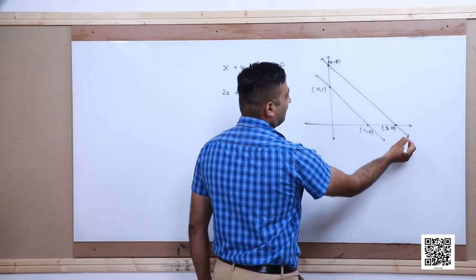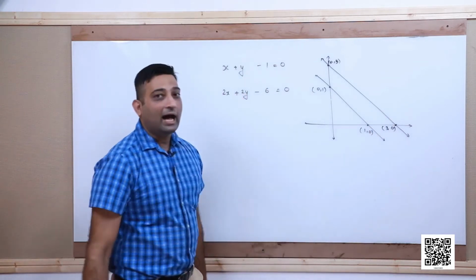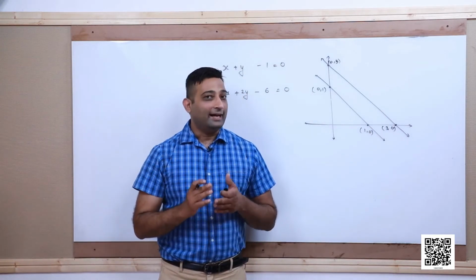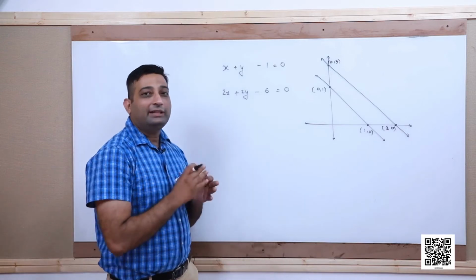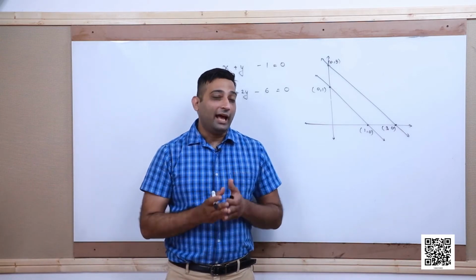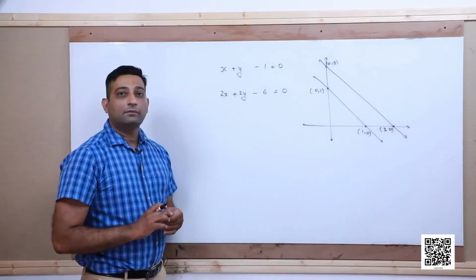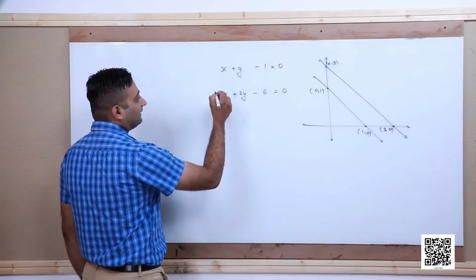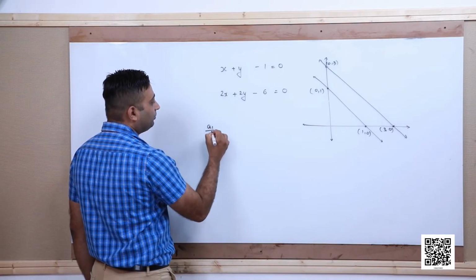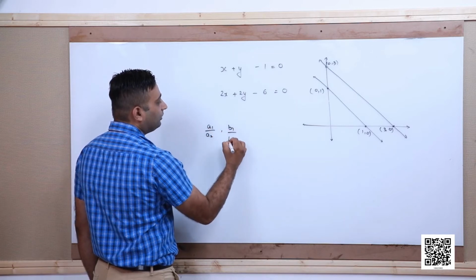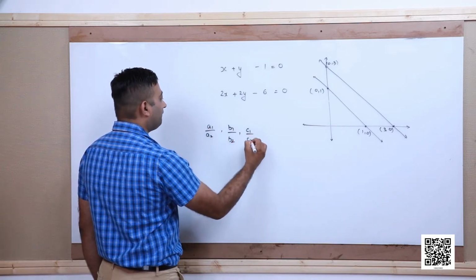We can see that these lines are parallel, and that means these are not intersecting, and that means they have no solution.